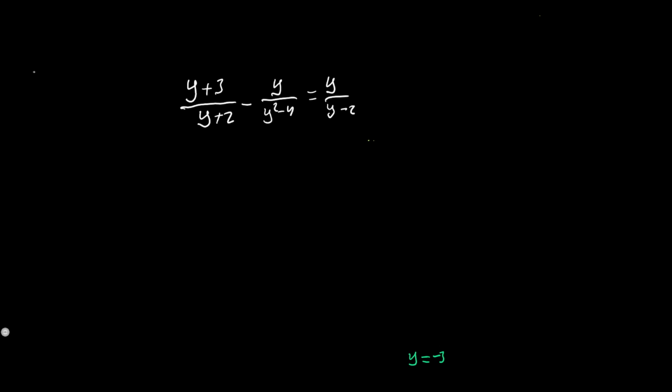So here we're going to plug in negative 3, so we have (−3 + 3)/(−1) minus (−3)/5, and that equals negative 3 over negative 5. So the first term becomes 0, plus 3 over 5, and that equals 3 over 5, which is indeed our solution.